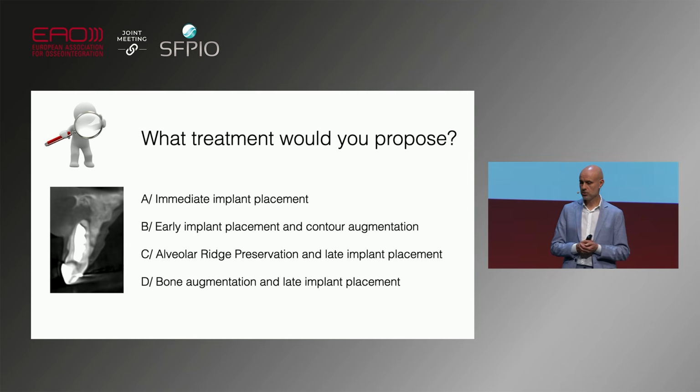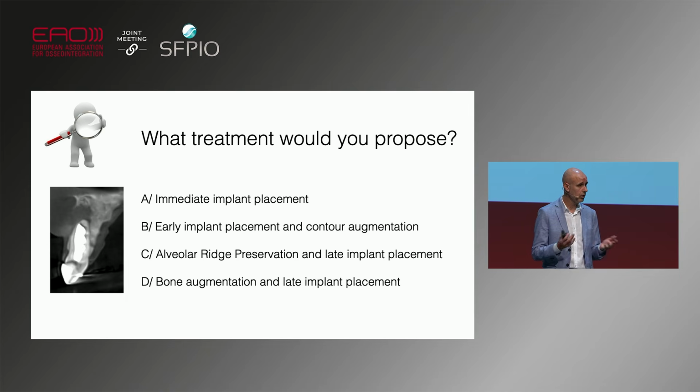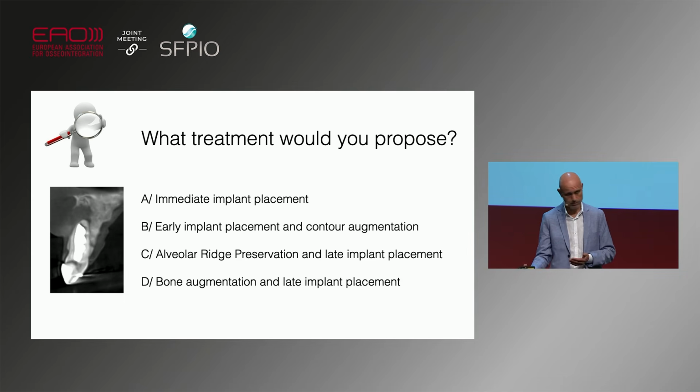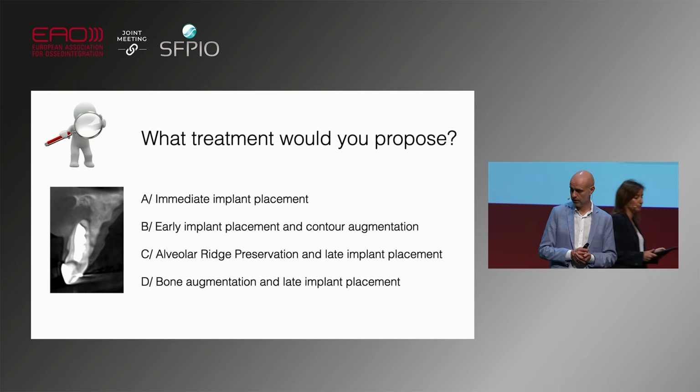So option number A would be immediate placement, regardless of the fact whether you would combine it with an immediate restoration procedure. So it's mainly the surgical part here. Then B, early placement, meaning we wait for 4 to 8 weeks before placing the implant, and usually this is combined with a contour augmentation procedure.